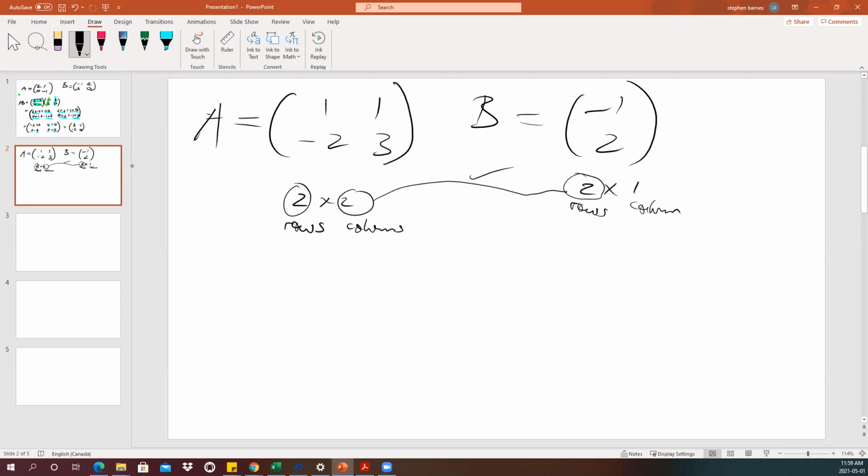So we'll look for a matrix that is like this, right? Element up top, element at the bottom, that's it. 2 rows, 1 column. All right. So we'll do the multiplication now. So A, B, 1, 1, minus 2, 3.